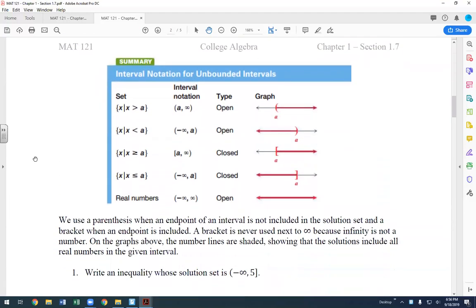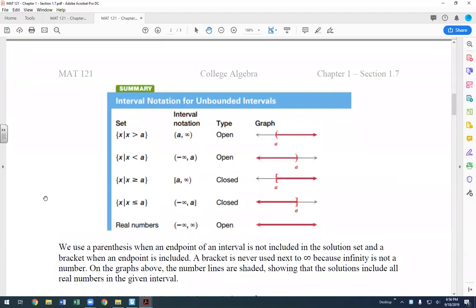Okay, so it's showing you different types of examples of how to write the interval notation. This is what we saw. If x is greater than 3, in our example, that means you're going from 3 to infinity, in this case, a to infinity, and your graph is going to look like this. If you're going towards the negative side, we're saying x is less than a. That means you're going from negative infinity to a, and of course your graph is going to be heading to the left-hand side.